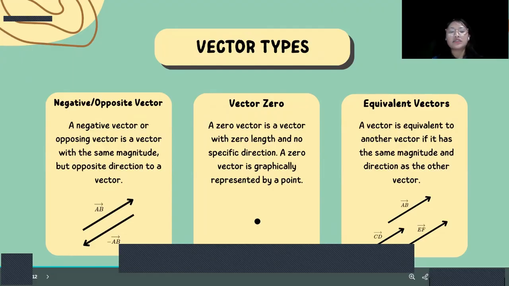The second is zero vector. A zero vector has zero magnitude and no specific direction. Finally, we have equivalent vector. Two vectors are equivalent if they have the same magnitude and the same direction, even if they are located in different positions.